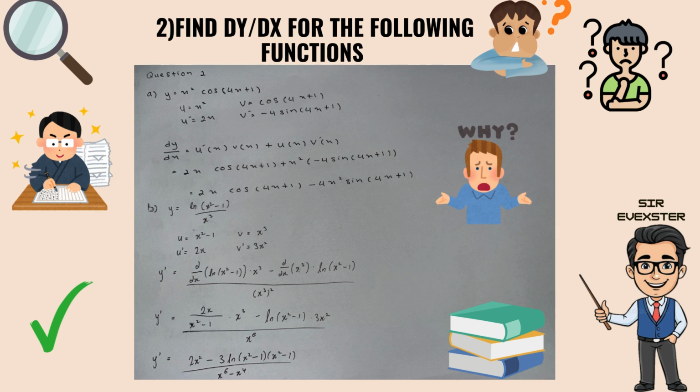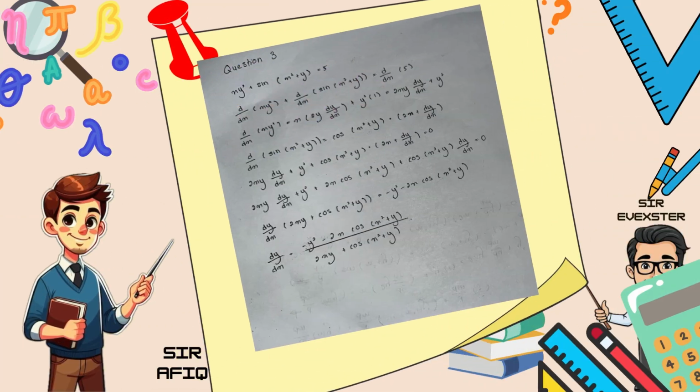Finally, we fix up the top side, and we get the answer: 2x squared minus 3 ln of the quantity x squared minus 1, all over x to the power of 6 minus x to the power of 4.